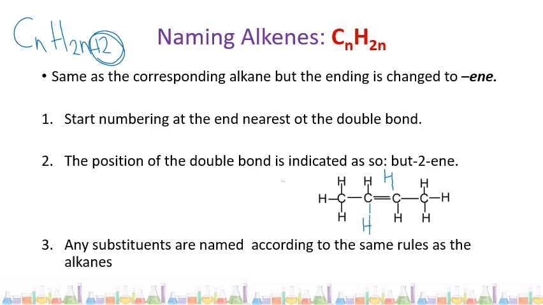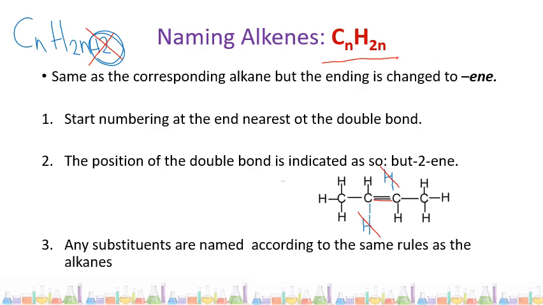However, because we do have the double bond, what we did was we got rid of those two hydrogens and we replaced it with the double bond instead. So it's those two hydrogens that we're taking off our formula here, and so we're left with CnH2n.